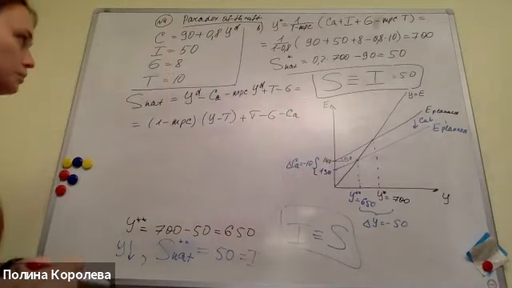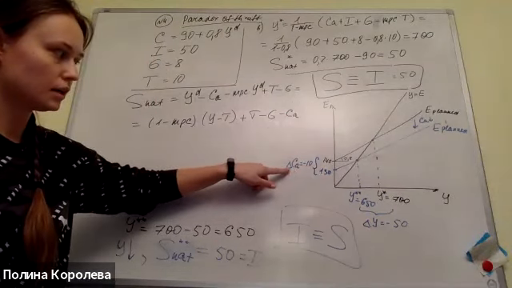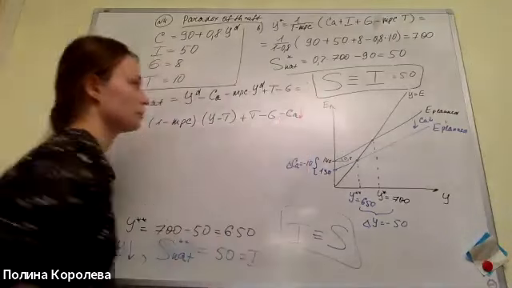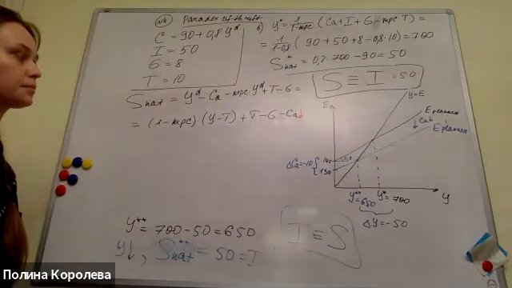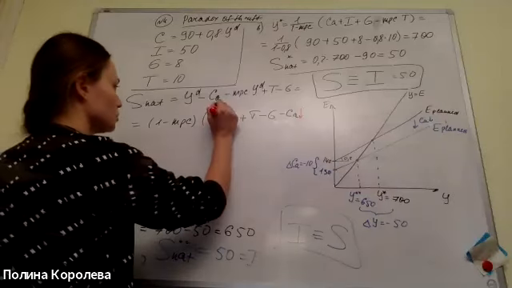When we consume less in our situation, autonomous consumption becomes lower. But also GDP becomes lower.